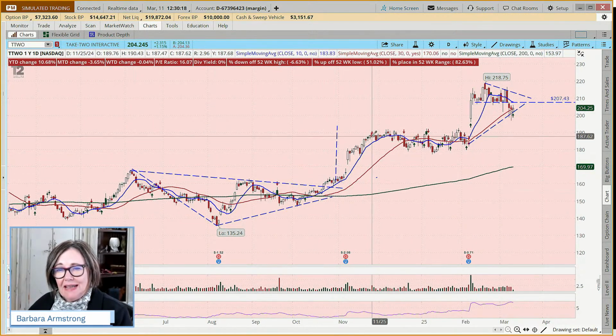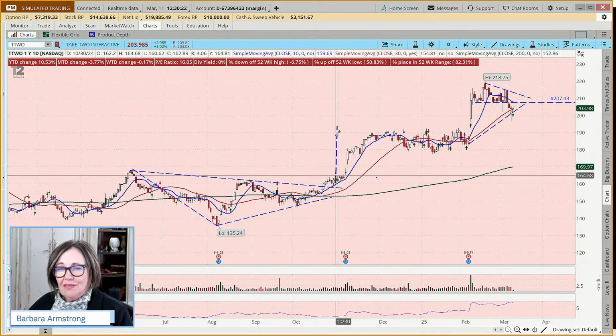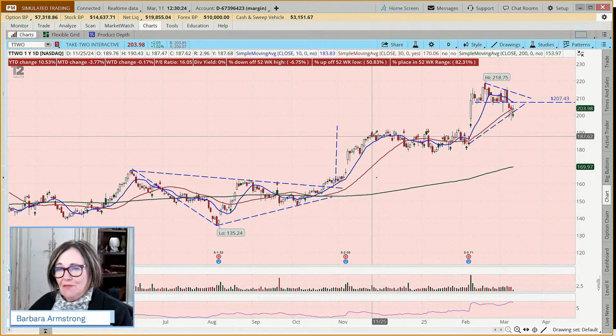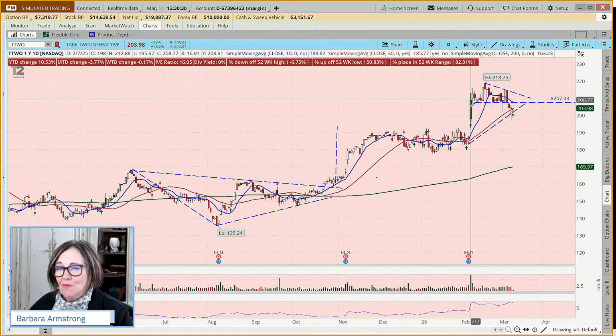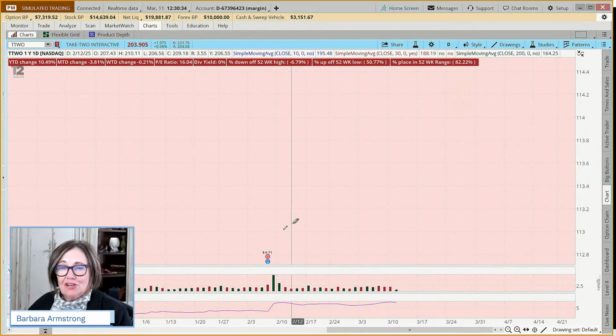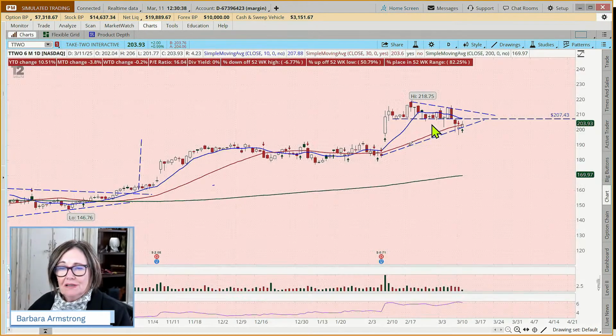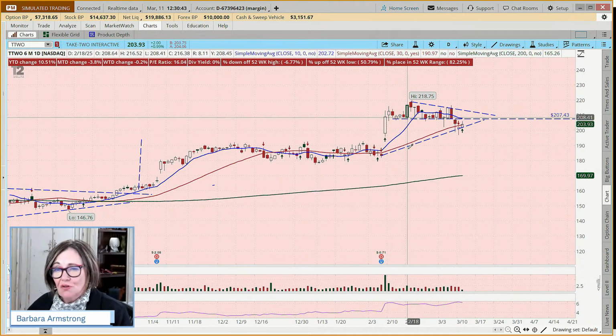And some might have said, hey, when it came up here and started going sideways, I got $30 worth, I'm going to call it good. Now, if they had stayed in it, would they have eventually hit their target? They would have. Maybe they might have used that as an entry to buy the stock and hold it.